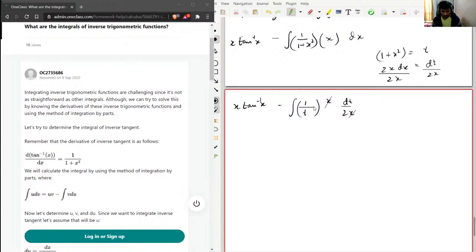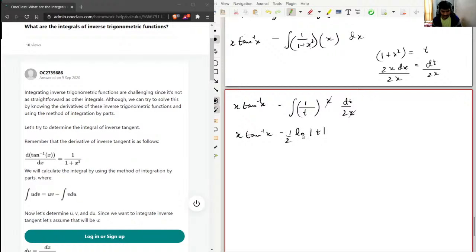Now I'm going to perform this integration. So integration of 1 over t will be nothing but ln of t, or log natural of t. So this will be x times tangent inverse of x minus half ln of t.